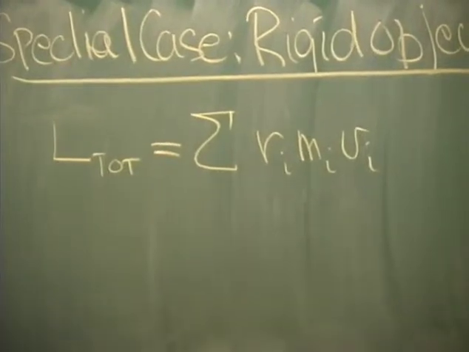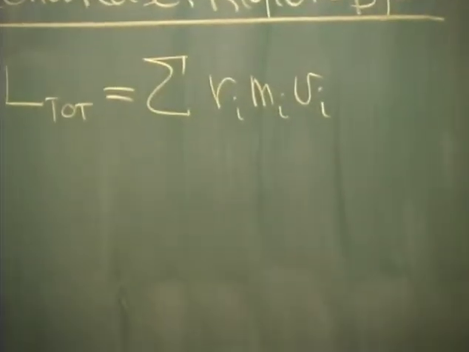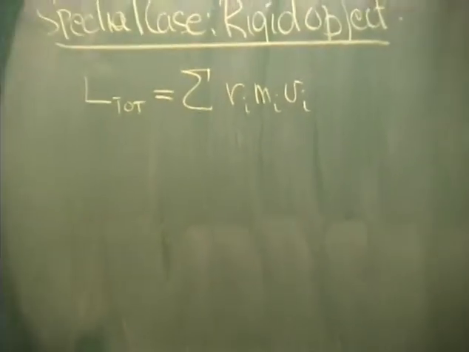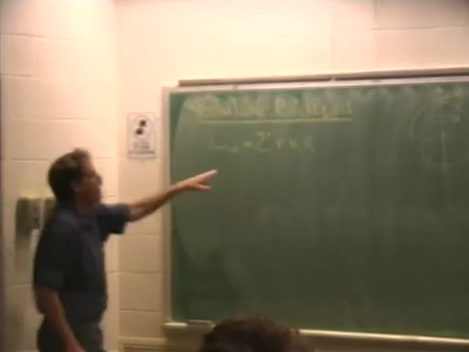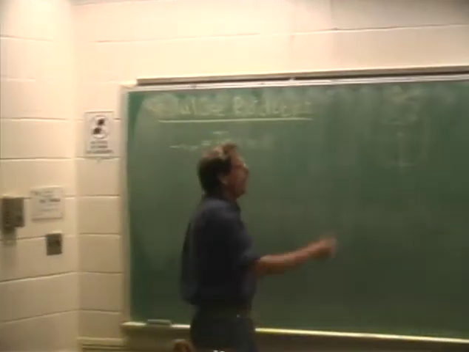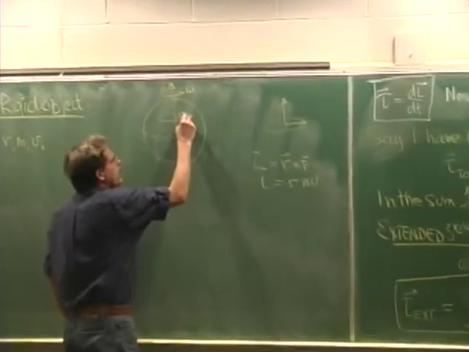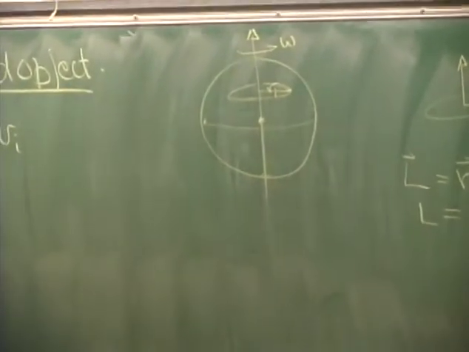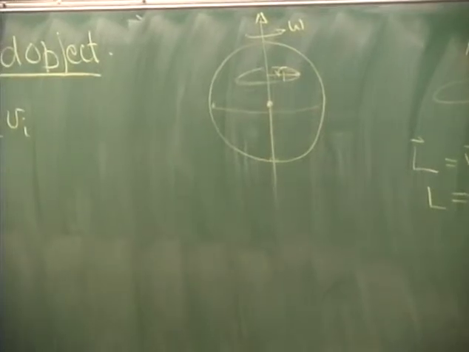I made that sound more complicated than it was supposed to be. The angular momentum of a particle going in a circle is rmv. Add it up for all of them, the sum of the rmv's. But what is the velocity of a point if it's out at radius r_i and the whole thing is spinning at an angular velocity omega? Can you remember the connection?